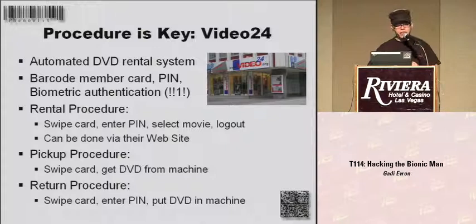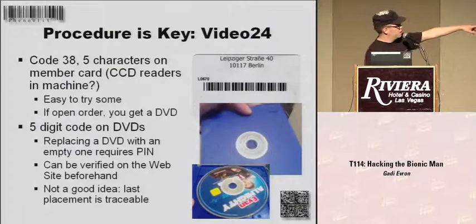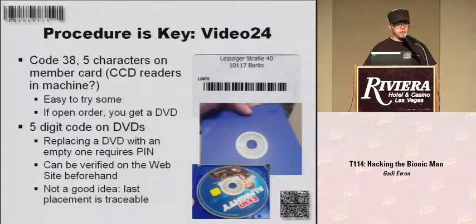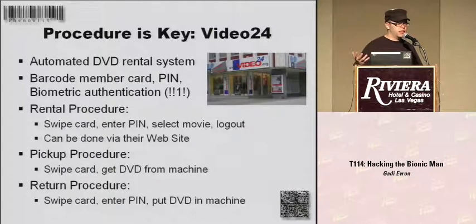So the card that you get actually has a barcode on it. The barcode is actually highly complicated. It actually has 4 digits and 1 character. Now, the 1 character is pretty much static. It is the first letter of your last name.